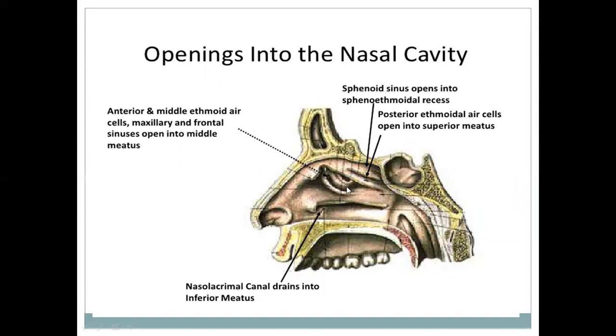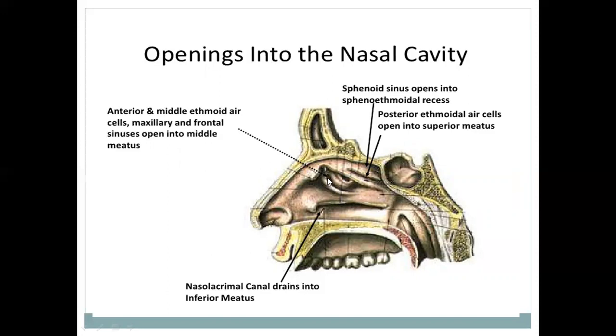This is the bulla ethmoidalis, which is below the middle concha. It receives the opening of the middle ethmoidal air cells. This is the hiatus semilunaris, and this is the uncinate process.